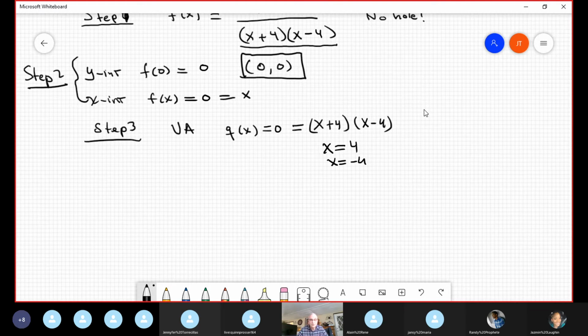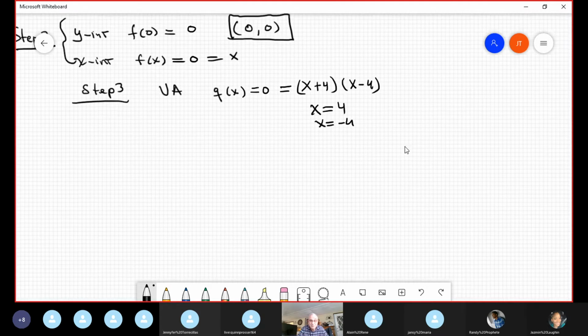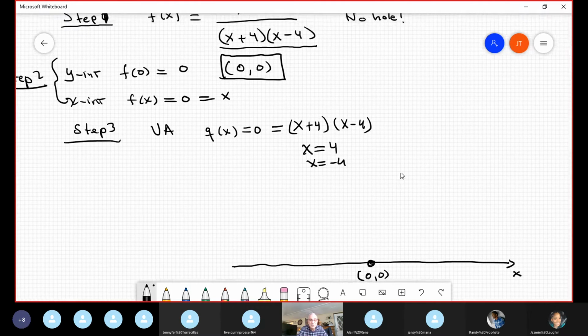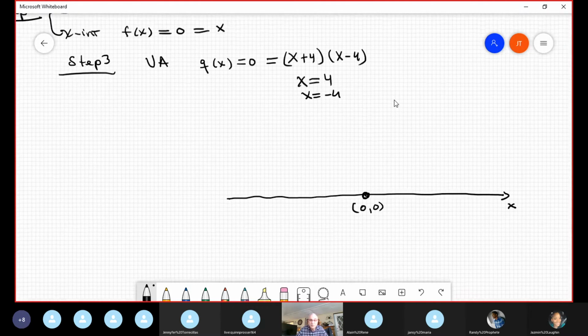We have two verticals. So at this moment, I like to do it by hand to have a rough idea of my graph. My graph contains one point, 0,0, which is also the x-intercept and y-intercept. And we have 4 and negative 4: 1, 2, 3, 4. 1, 2, 3, 4.